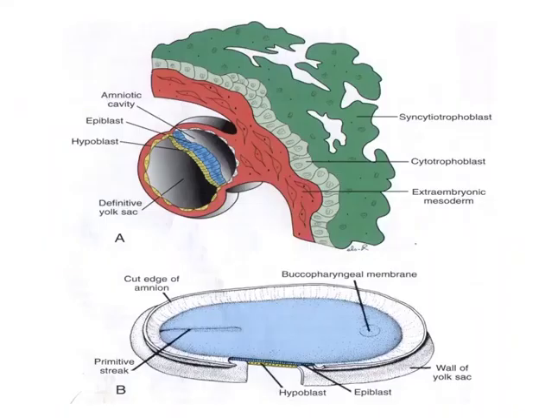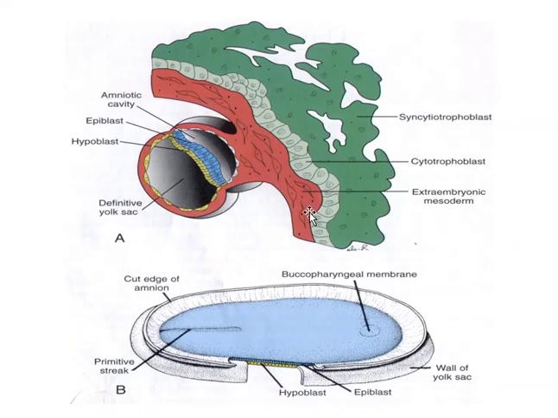Here, this figure shows an embryo in the third week. Here we have the amniotic cavity and yolk sac, and here we have the embryonic disc with epiblast and hypoblast, and here this is the area of the connecting stalk.